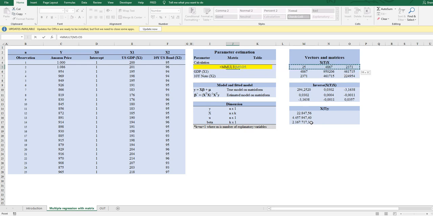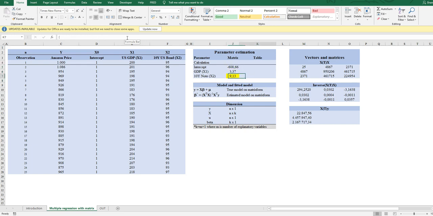So let's just try MMULT. No reason to do the inverse when we have done it already. So I'll just multiply 3 times 3 with 3 times 1. That's the 3 times 1 vector. And let's see. Okay.